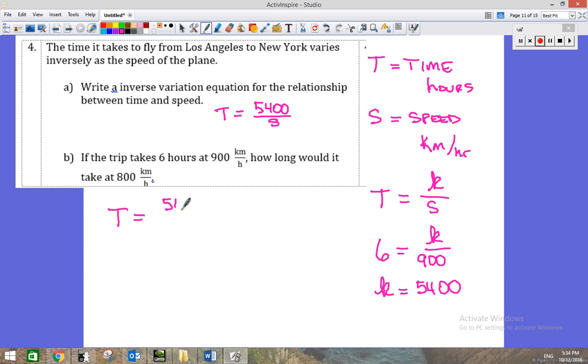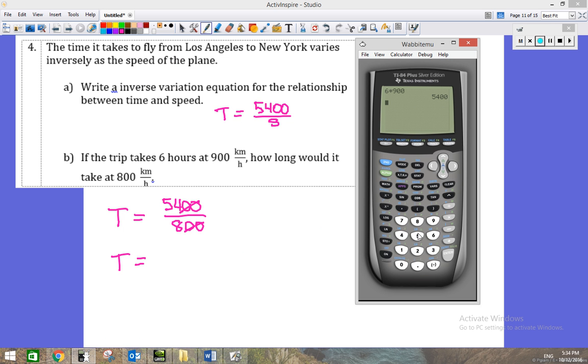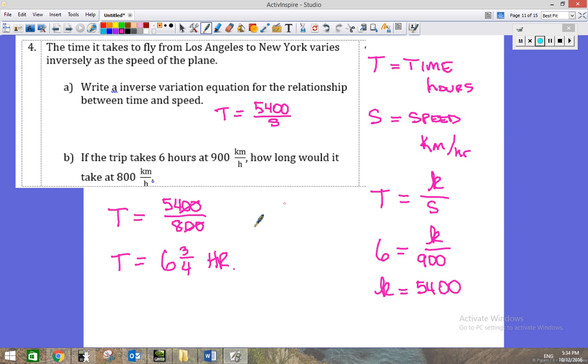So if I have 5,400 divided by the speed, now 800, let's come into the calculator. 54 divided by 8, 6 something, right? 54 divided by 8, yeah, 6.75, 6 3/4 of an hour. 3/4 of an hour is 45 minutes. 6 hours, 45 minutes.